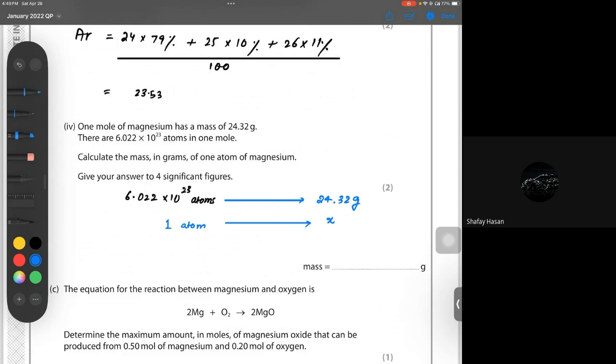X would be equal to 1 multiplied by 24.32 divided by 6.022 multiplied by 10 to the power 23. So the answer would be 4.039 × 10 to the power minus 23. That's the answer.